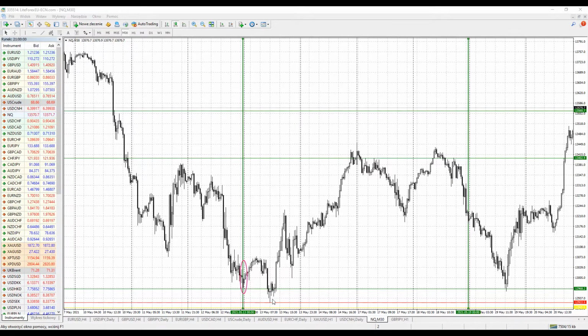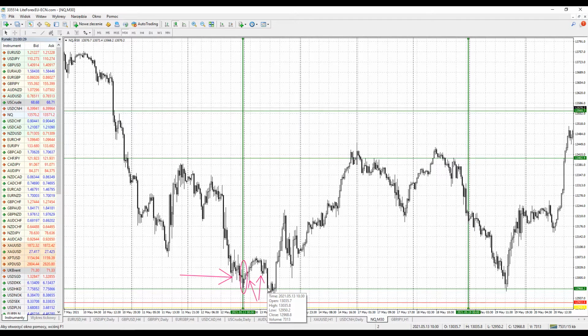Now, two particular things happened during the pre-market price action. There was an attempt to break through the previous day low. It didn't materialize until here.